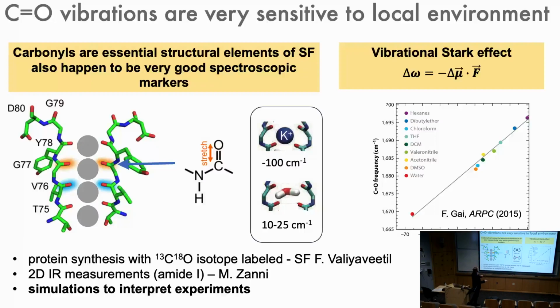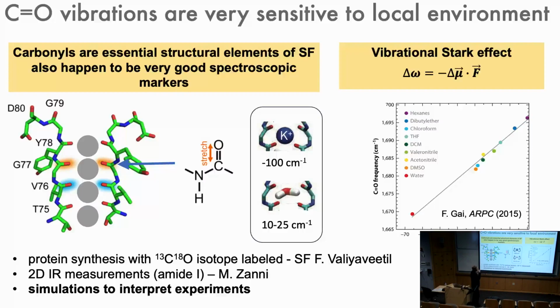It's linear, and it could be interpreted in terms of the vibrational Stark effect, which tells you that the frequency shift is proportional to the electric field. It's a little more complicated than just the Stark effect, but I'm not going to go into those details. What we need to see from this plot is that the stronger the field, the larger the shift. And it's a pretty big difference in frequency shift going from nonpolar solvents to water.